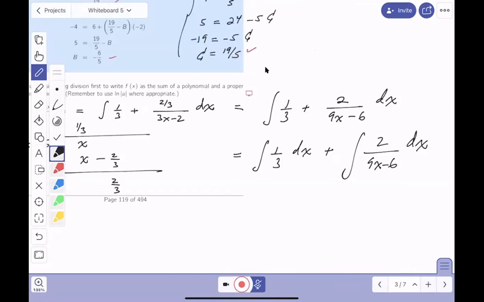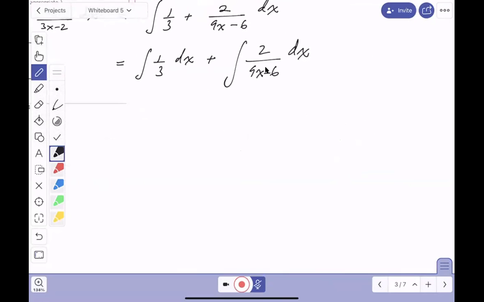All right. Now the first integration, super simple. What's going to be 1/3 of an x. The second one, I'm going to use u substitution. What does u equal? 9x minus 6, and du would equal 9 dx. All right, so I'm going to write this down. I'll put a little star there, and again, I got to go back. I'm going to pull a 2 out. And what do you get over there?